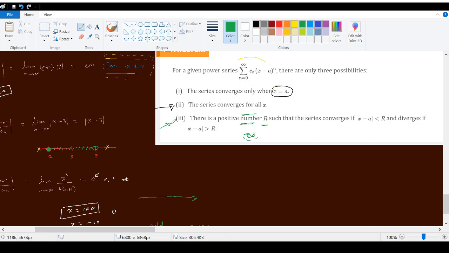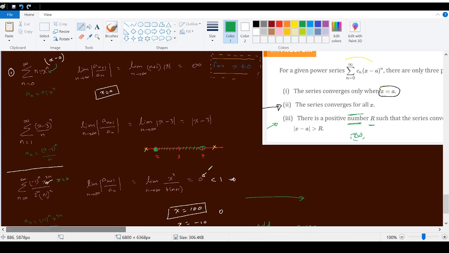Okay, so the third category is, there is a positive number such that the series converges if this term is less than this number and it diverges outside the region. And an example for this third category is this second example, right?